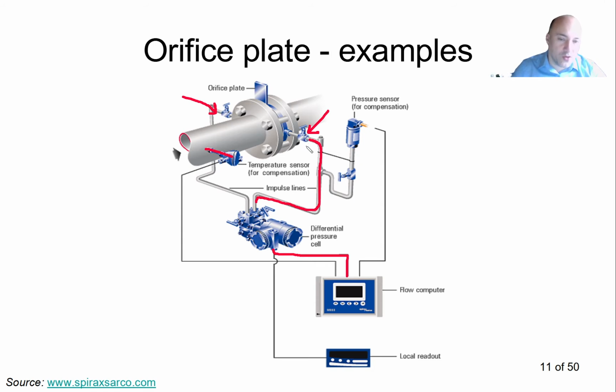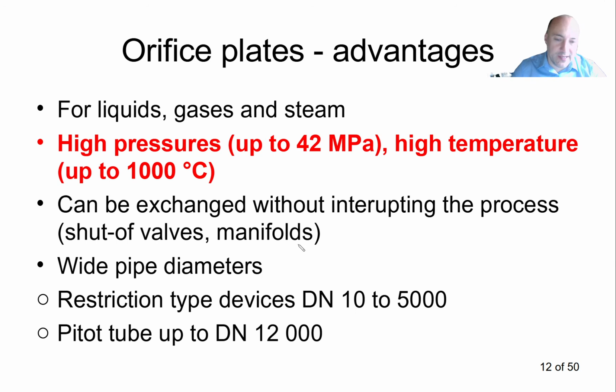So if I want to exchange or calibrate my differential pressure gauge, I don't need to interrupt the process which is running in the main pipe. Of course, if I need to exchange the orifice plate itself, I need to close this pipe, I need to change the orifice plate. So then it requires to interrupt the process itself.